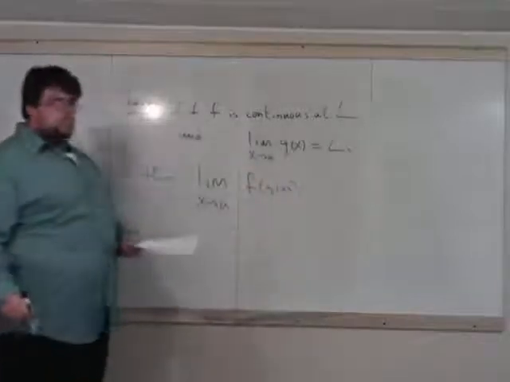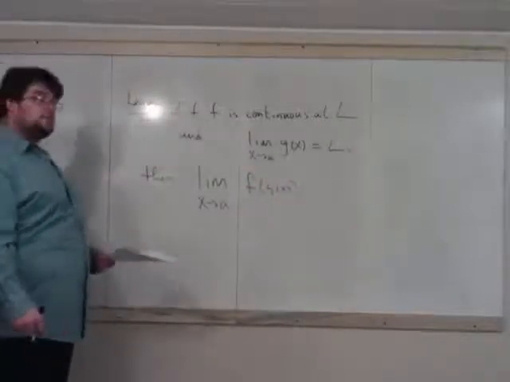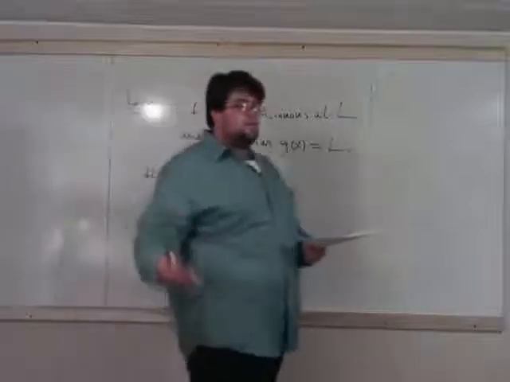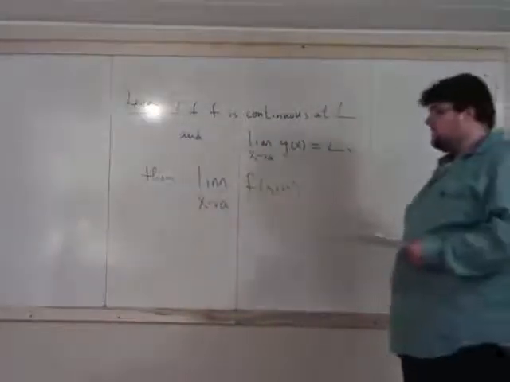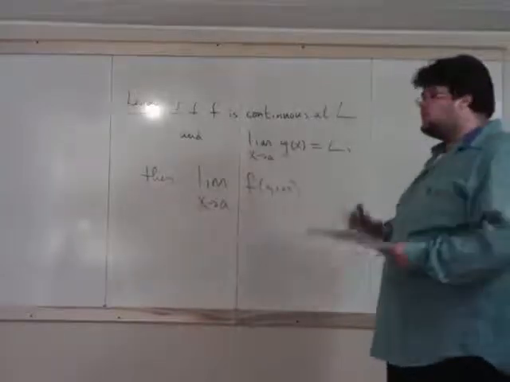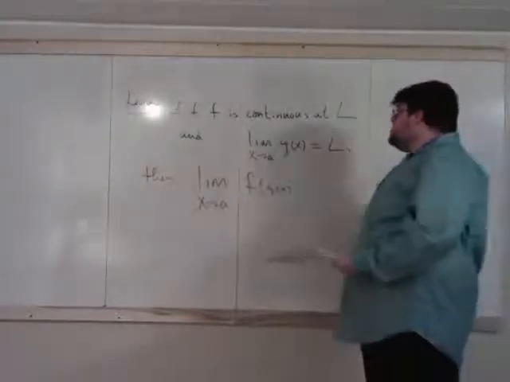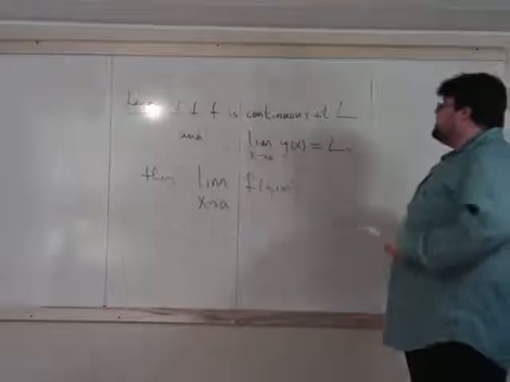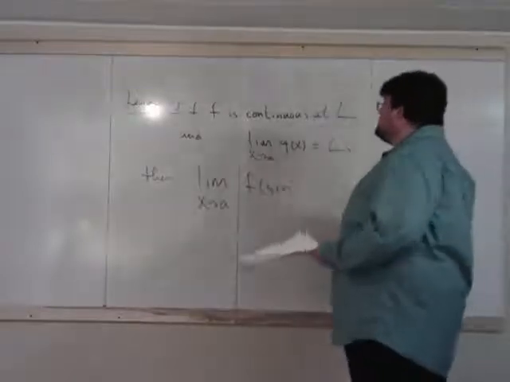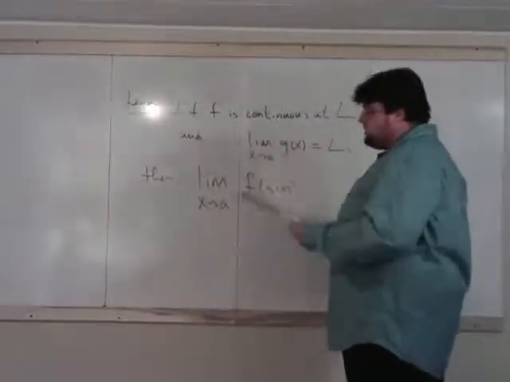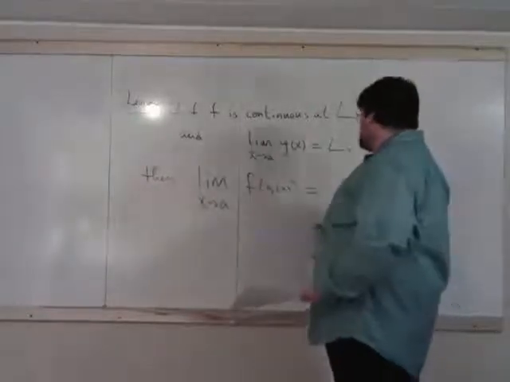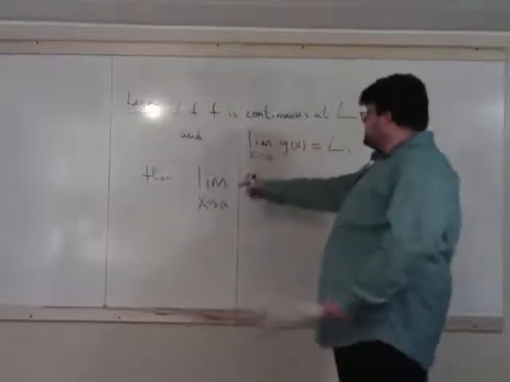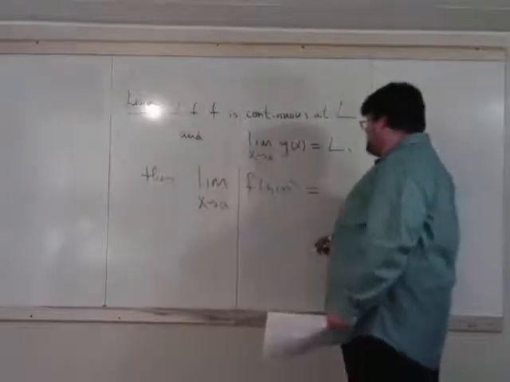Up to this point, we did not have limits of compositions other than the ones we could get from the algebraic limit laws. But now that we have the word continuous, this theorem allows us to take limits of any composition. And how do we do that? Well, this theorem tells us we can do that by forcing this limit inside the composition.